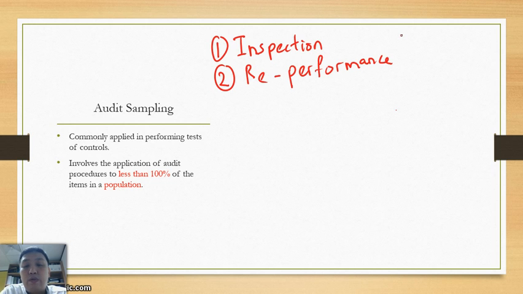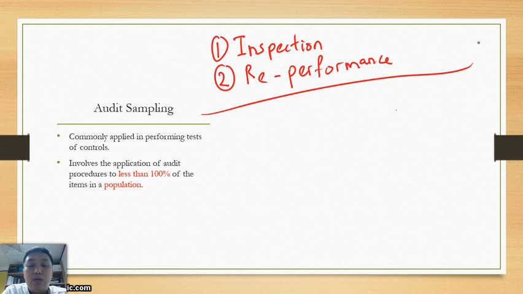Because of the nature of this re-performance, it will involve much more time and effort by the auditors. However, the advantage of re-performance over inspection is that it will result in much higher quality evidence for the auditors because it is much more reliable.